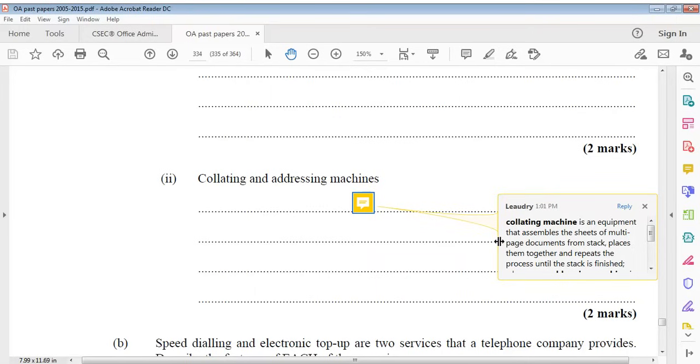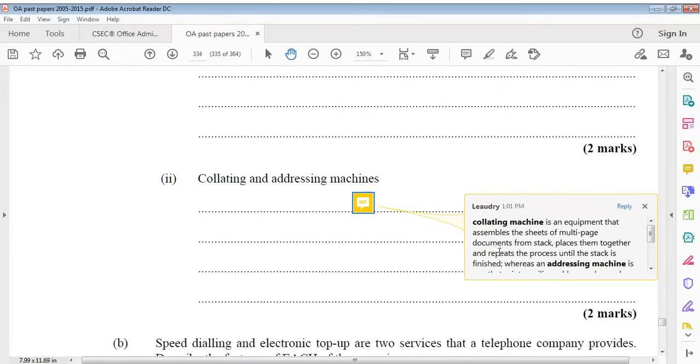So then, a collating machine is an equipment that assembles the sheets of multi-page documents from stock, places them together, and repeats the process until the stock is finished.